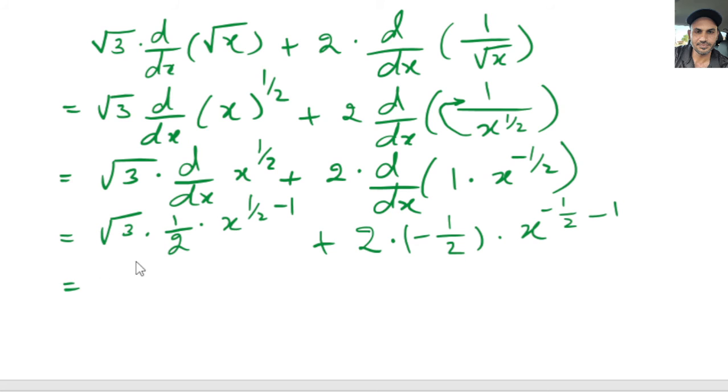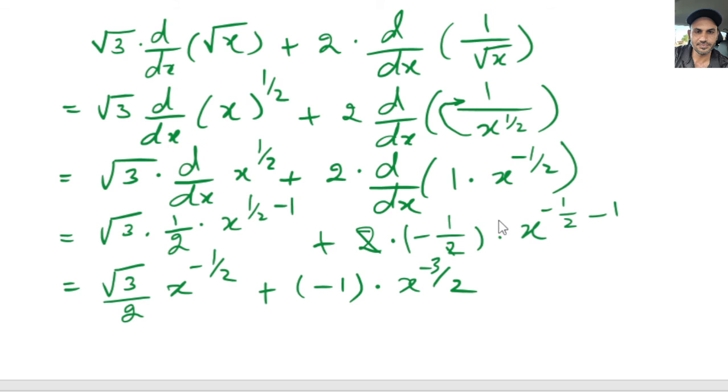So here we have square root of 3 over 2 x to the negative 1/2, since 1/2 minus 1 is negative 1/2, plus 2 times negative 1 over 2. This 2 cancels this 2, so you're left with negative 1 times x to the negative 1/2 minus 1, which is negative 3/2. So we can simplify it further.